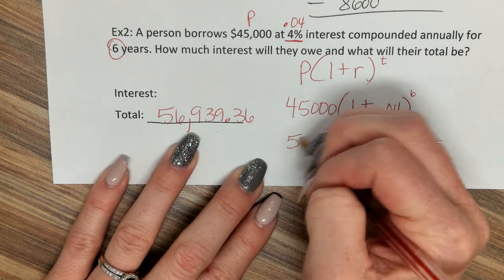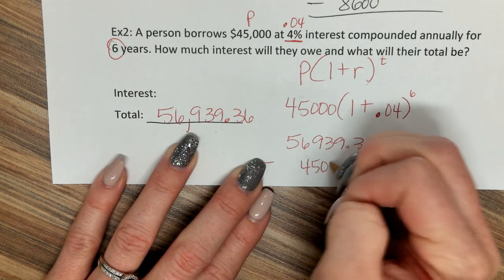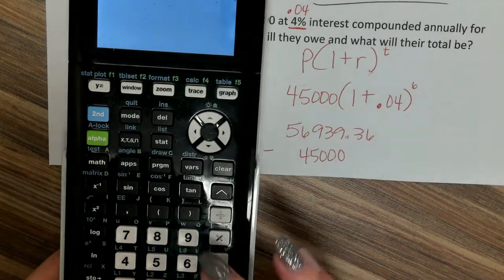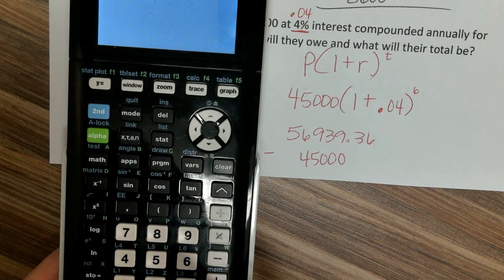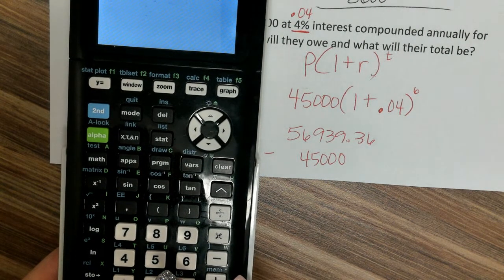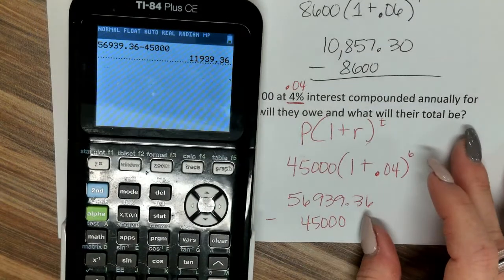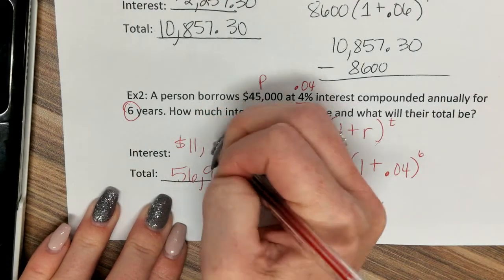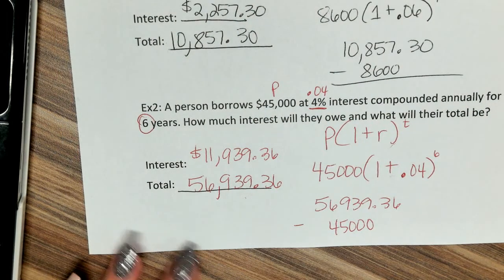Take the number and subtract it from what you borrowed. 56,939.36 minus 45,000. They're charging, oh, sorry, y'all couldn't see that. They're charging me $11,939.36. That's a big fee to borrow some money.